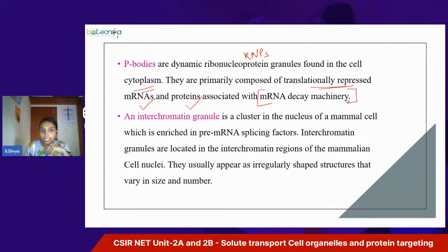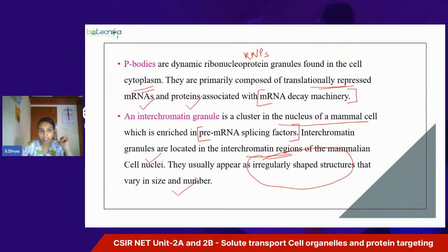Interchromatin granule, as I told you, is a cluster in the nucleus of a mammalian cell, enriched with pre-mRNA splicing factors. Because once transcription is done, the next thing is post-transcriptional modification, which involves the splicing machinery. They are located in the interchromatin regions of the cell nuclei and appear as irregularly shaped structures that may vary in size and number.